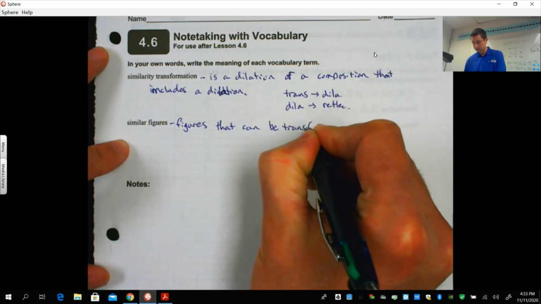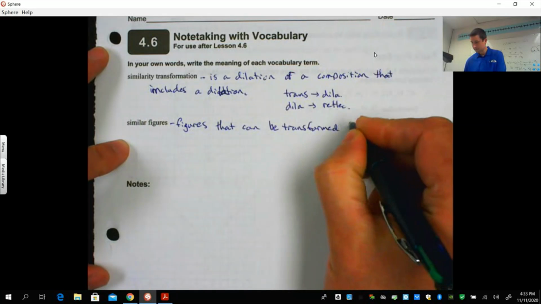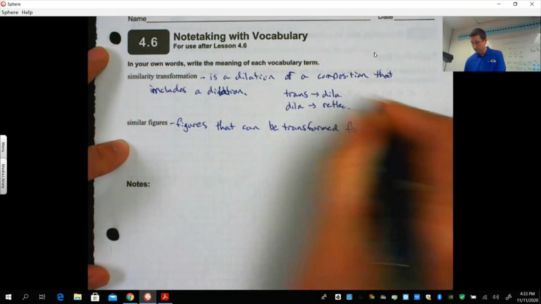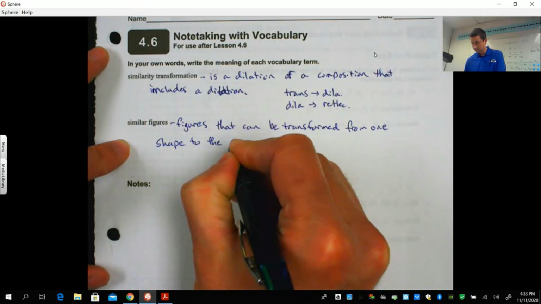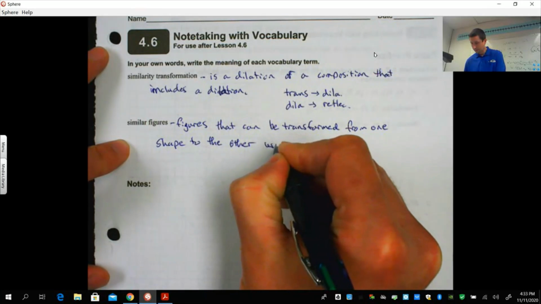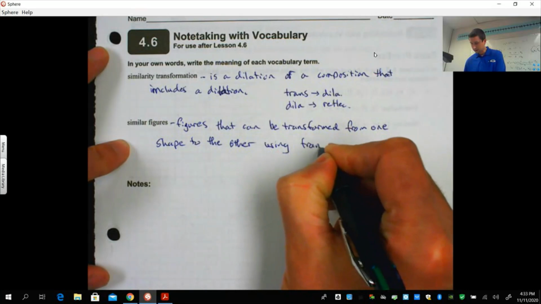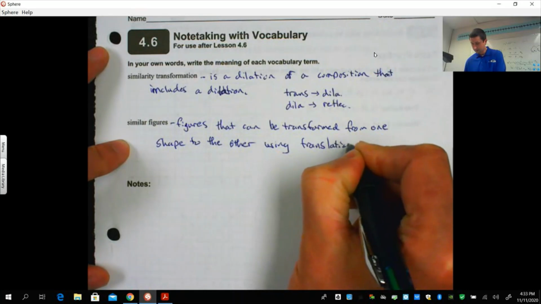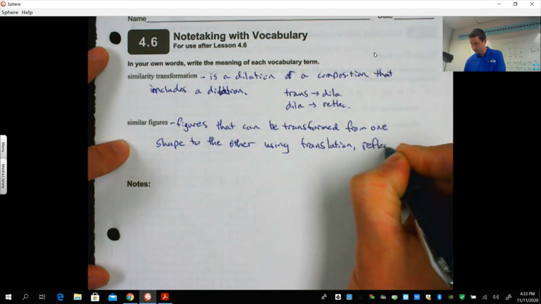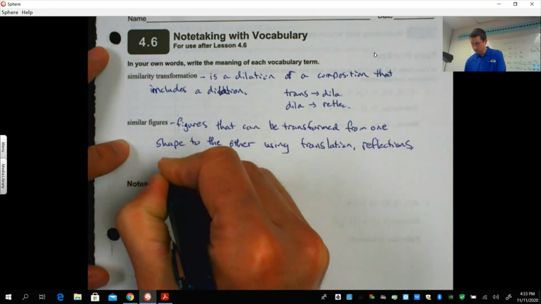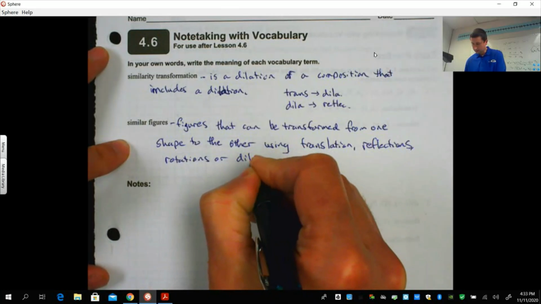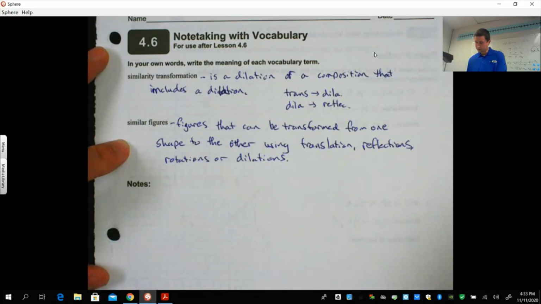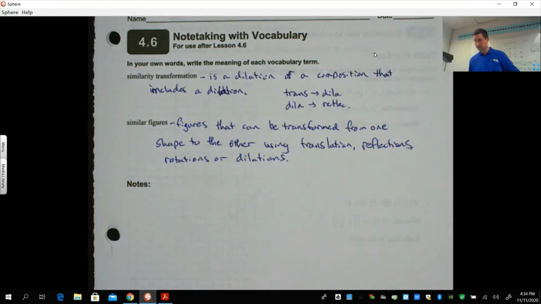Figures that can be transformed from one shape to the other using translations, reflections, rotations, or dilations.